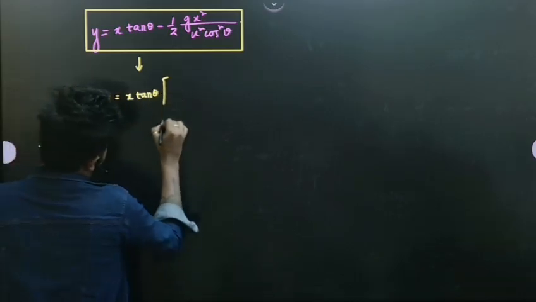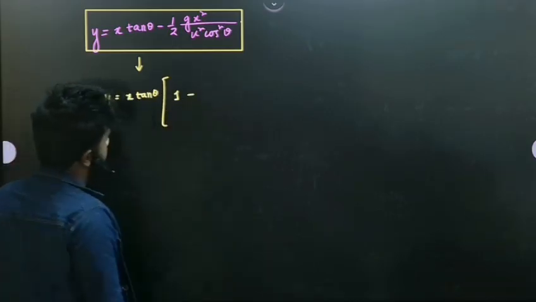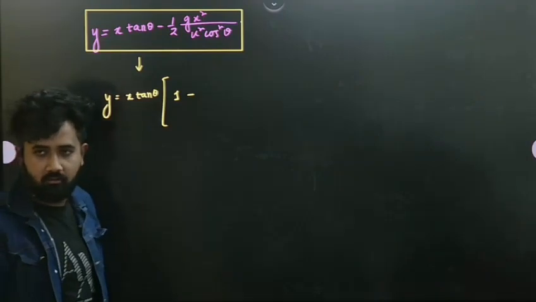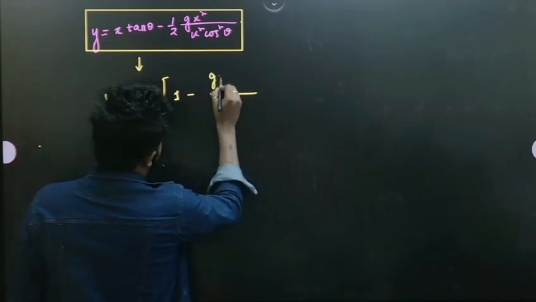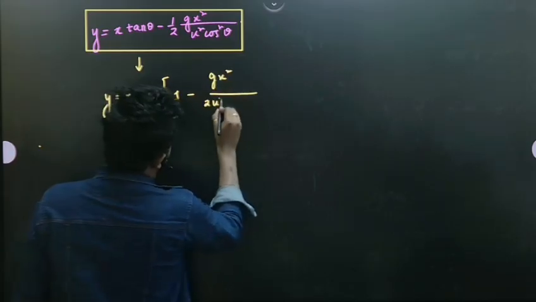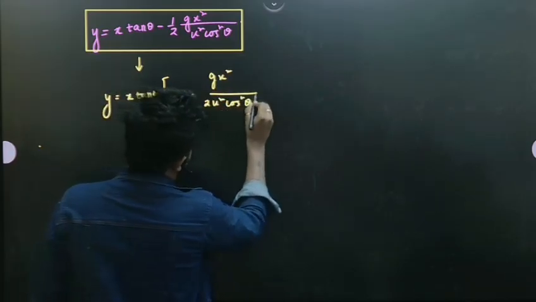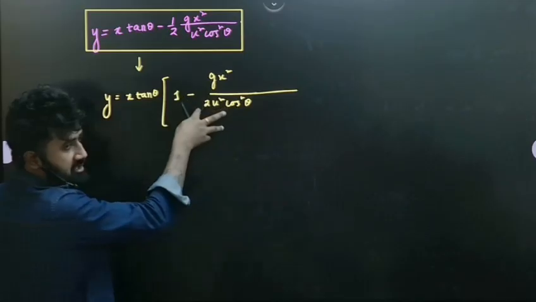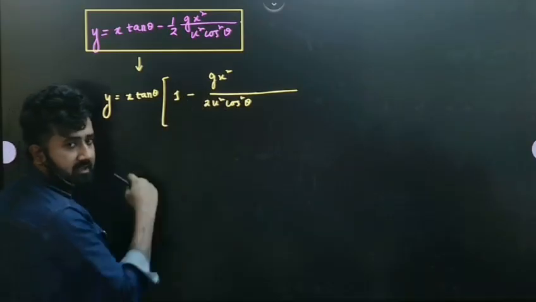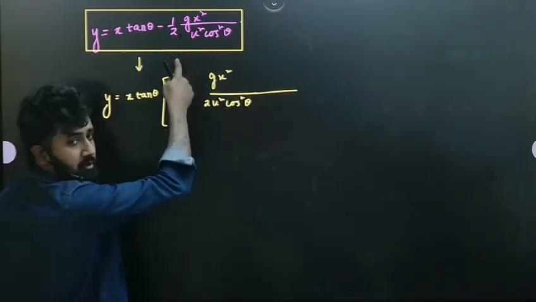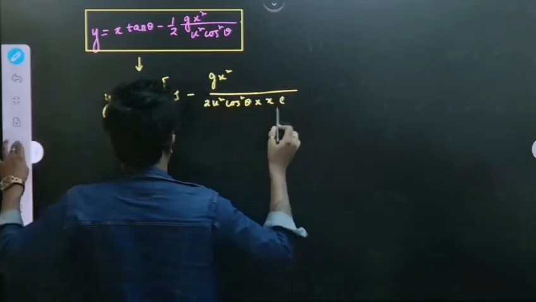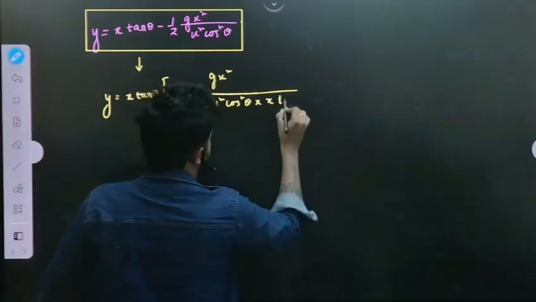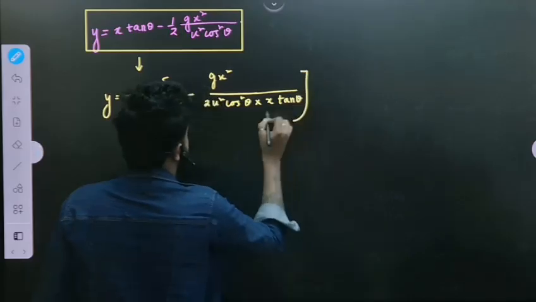If you take x tan theta common, what will you have? 1 minus, whatever is there, g x square by 2 u square cos square theta. You have taken x tan theta extra, so is x tan theta there here? No. So divide by x tan theta.